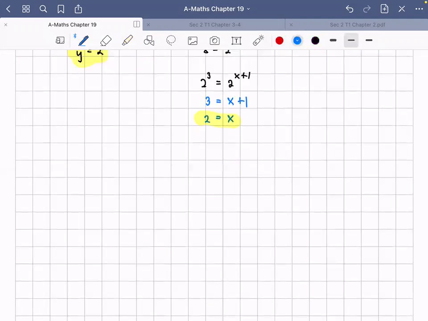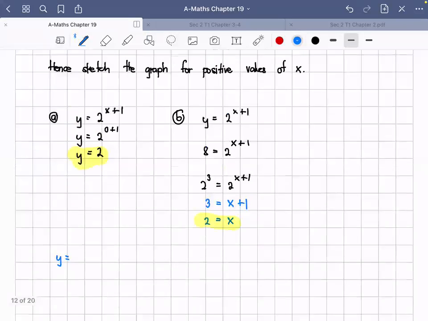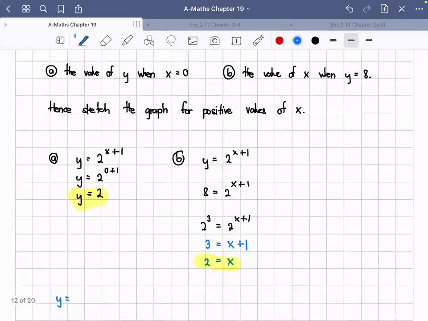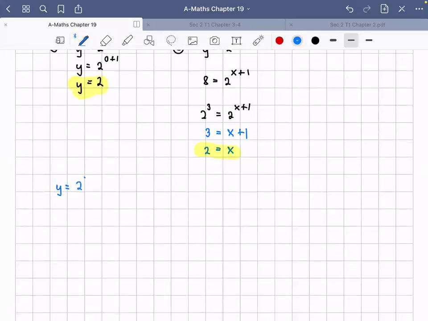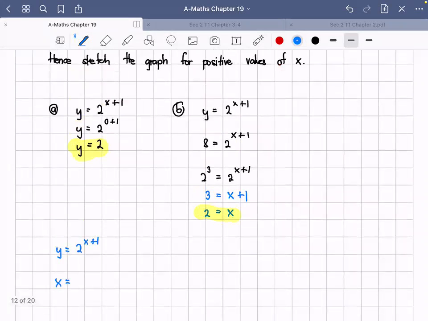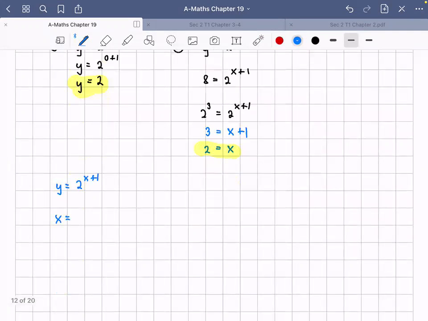This is for the graphing: y is equal to 2 raised to x plus 1. We know that when x is 0, we get this, and then I'll just need 1 and 2. So when x is 1, y is 4. Is that clear?